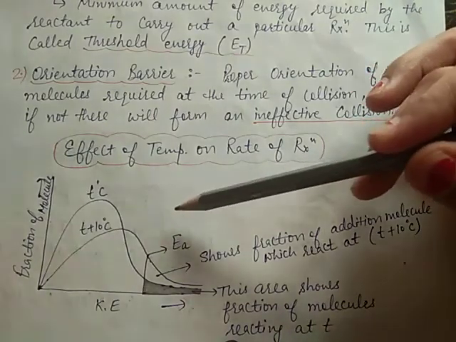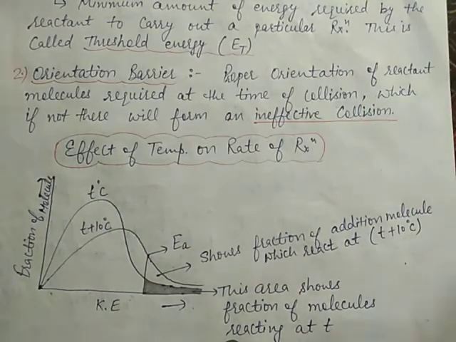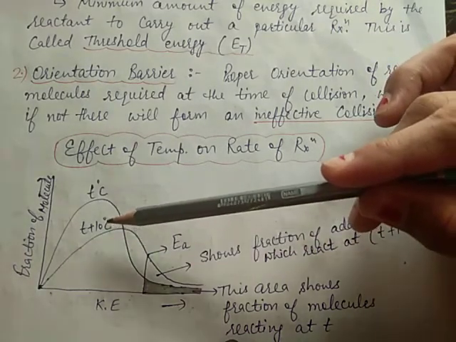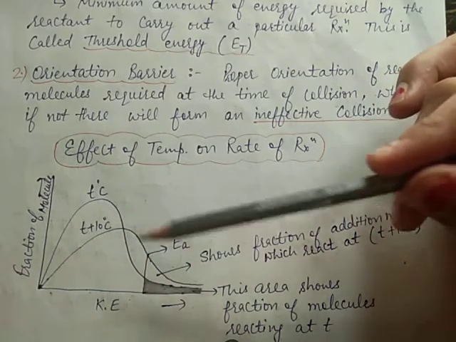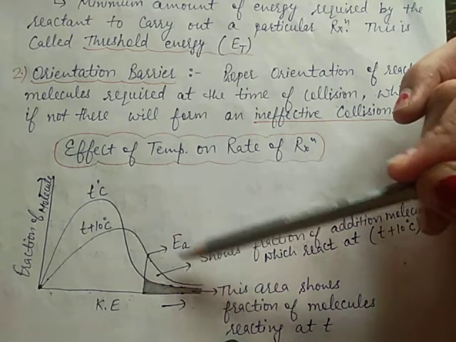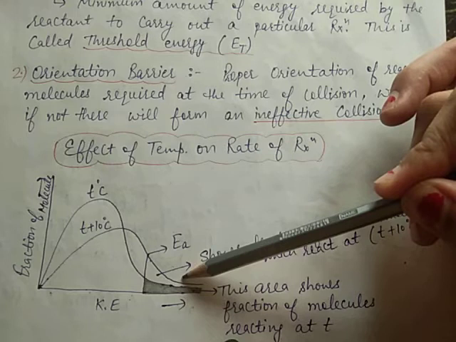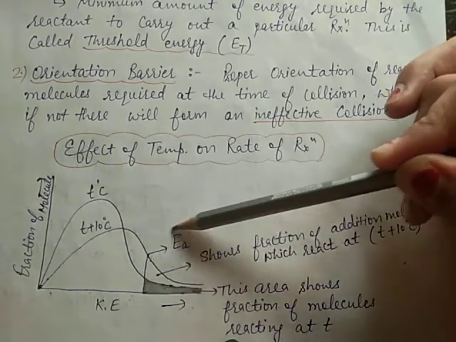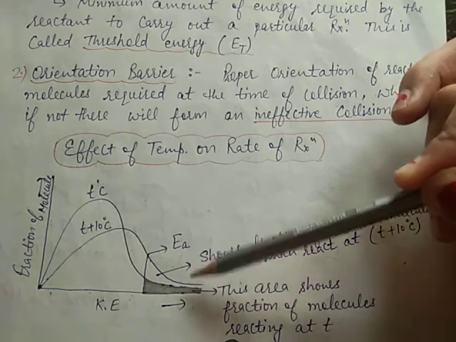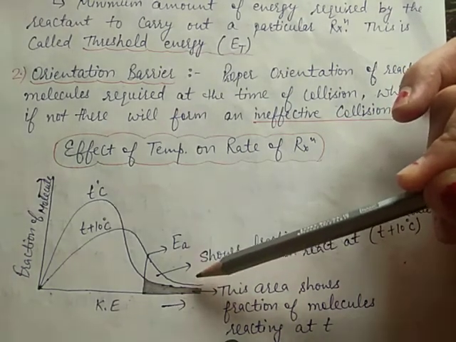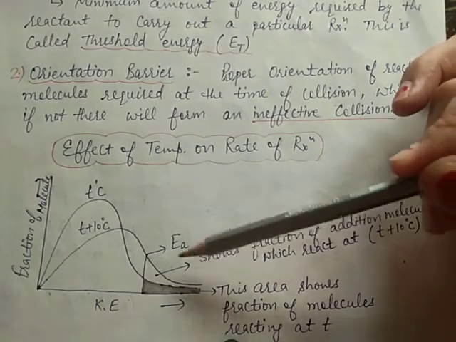So we can say that as the temperature is increased by 10 degrees Celsius, the rate of reaction becomes double its initial value. This is because the fraction of molecules possessing the activation energy or higher becomes double its initial value.